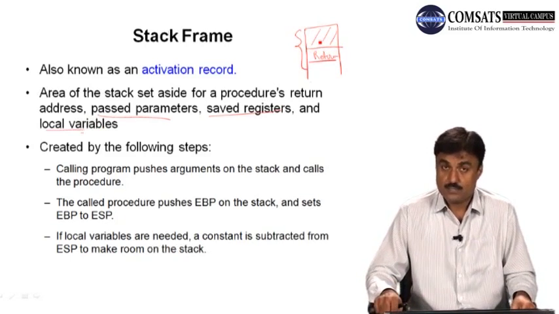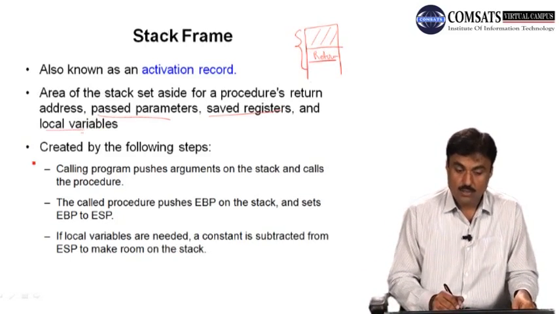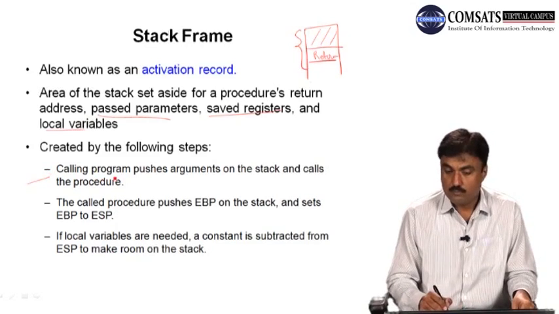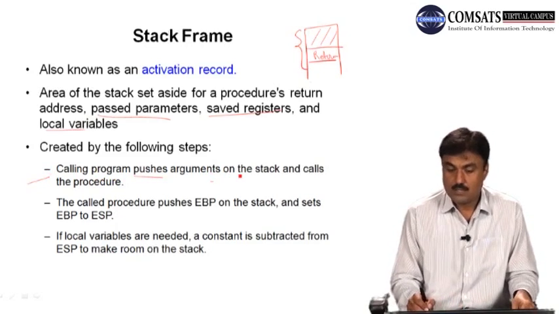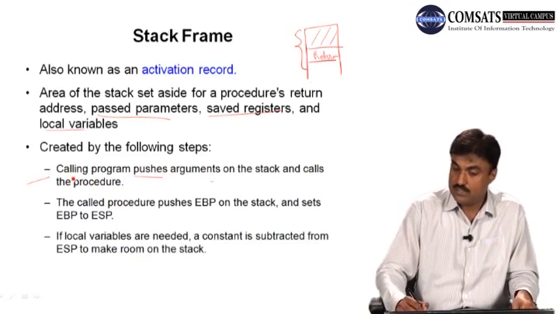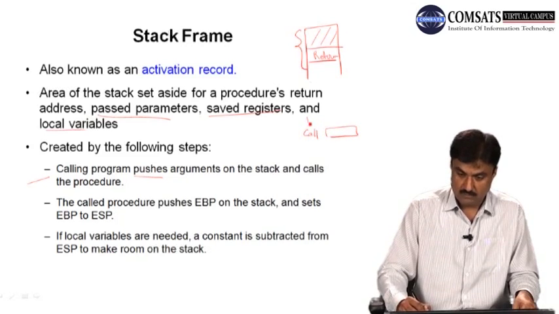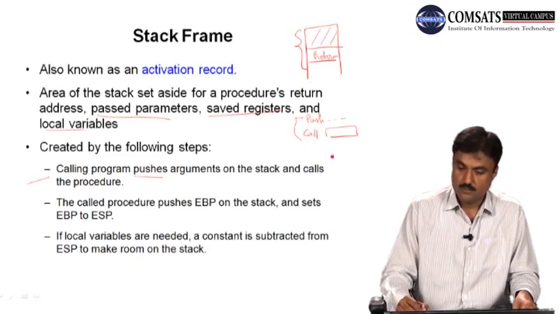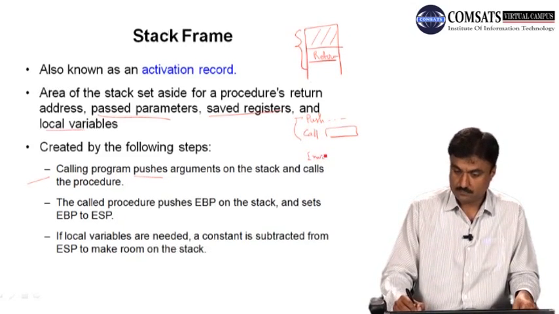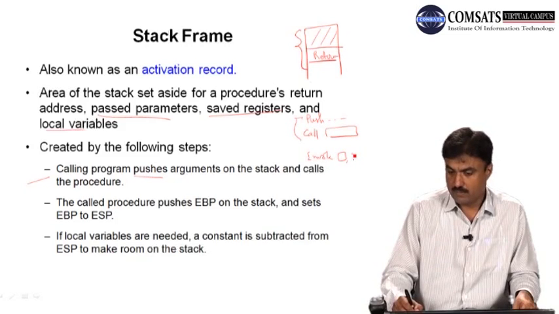This is created by the following steps. One thing is when you are calling a procedure, the calling program pushes arguments on the stack and calls the procedure. As we discussed, when we call a procedure, we push some parameters before calling, or sometimes we use invoke with the procedure name along with the parameters.